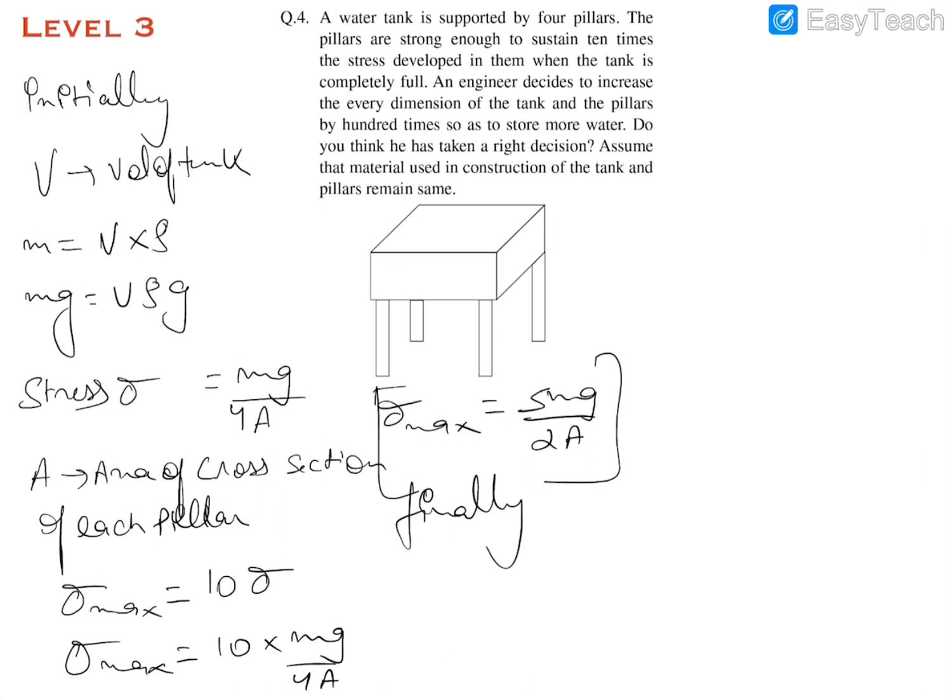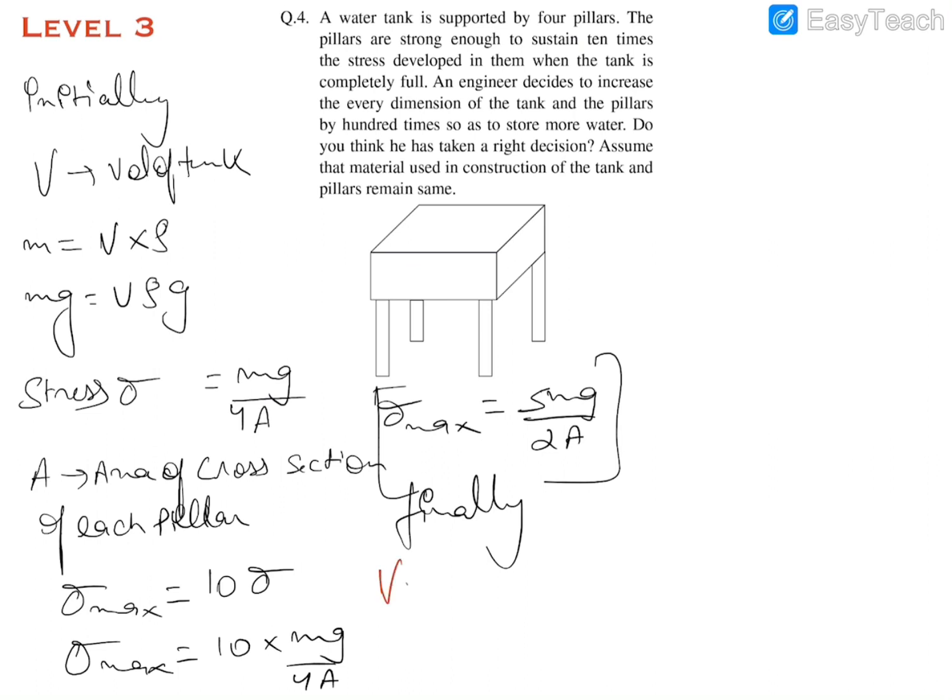Finally, if we assume the tank as a cube or any cuboid, then each of its dimensions is increased by 100 times. Then the volume of the tank will be increased by 10 to the power 6 times.